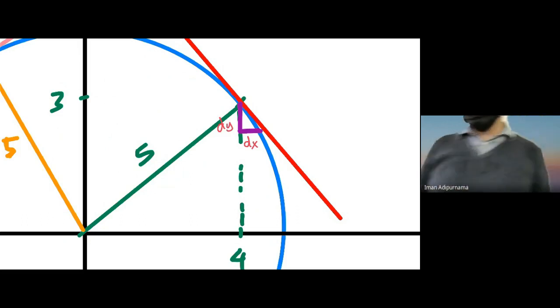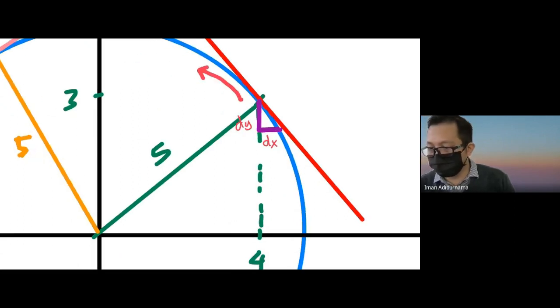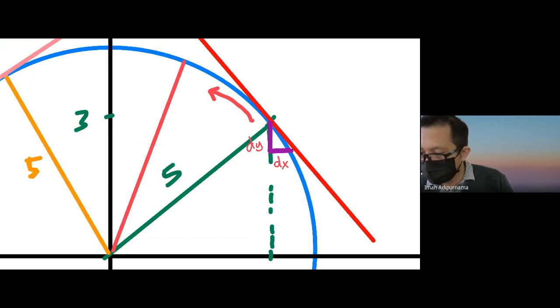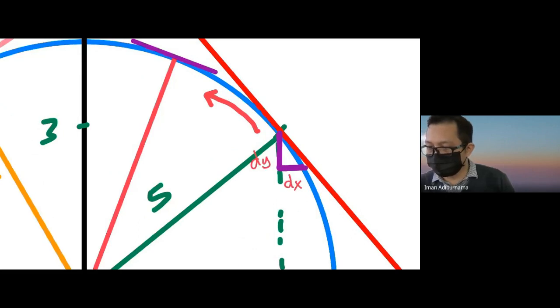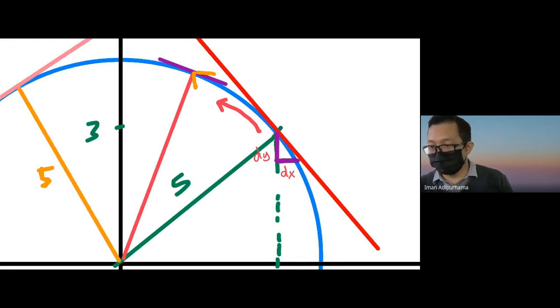So when they are moving here, dy and dx are interchangeably changing.